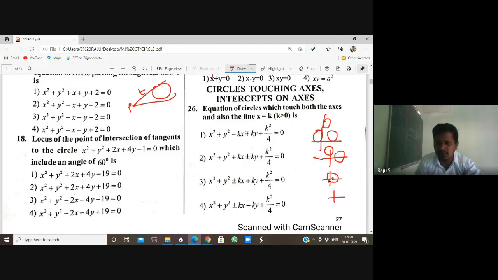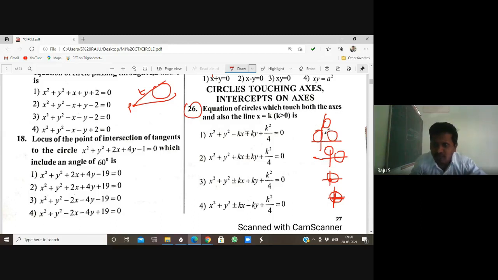Like this. Maybe the circle intersects both axes and passes through the origin. Maybe the circle intercepts the x-axis, not touching here, but intersecting. And intersecting the x-axis and y-axis but not passing through the origin. Many cases will be there. Based on that, we will discuss the questions, and the equation of a circle which touches both axes.